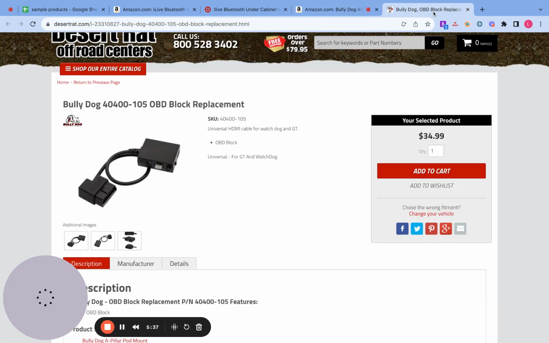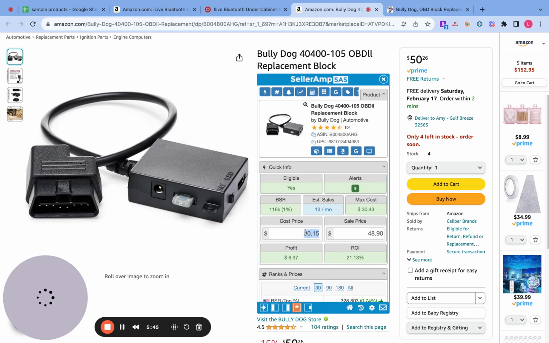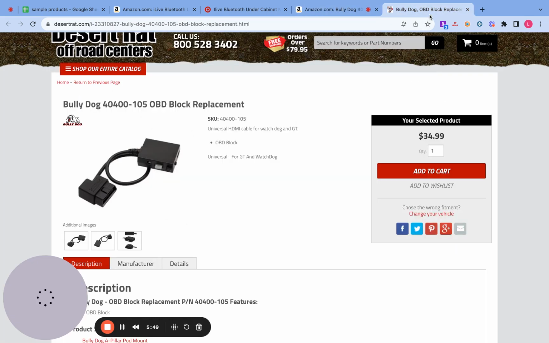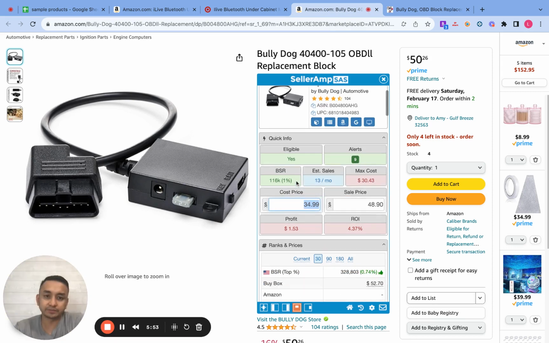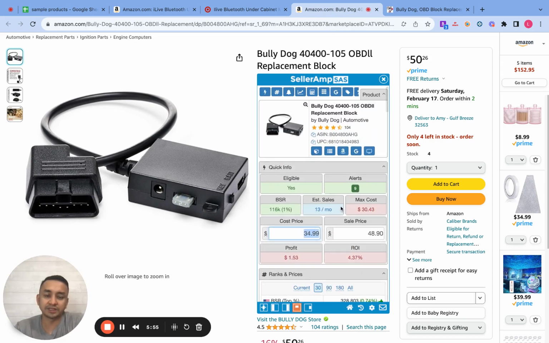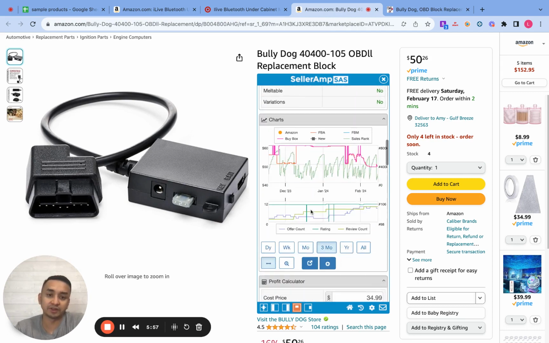But let's just run the numbers and see if it's worth the risk, because sometimes some products are worth the risk, and sometimes they're not. So I'm going to plug in the cost. This one is $34.99, right? Okay, and it's giving us 13 sales a month, which is very low.